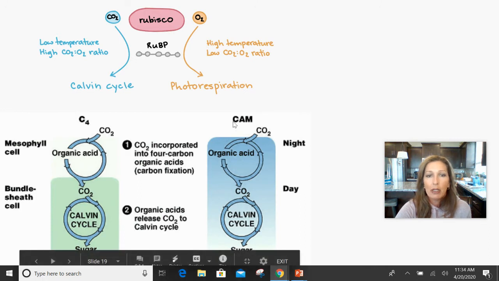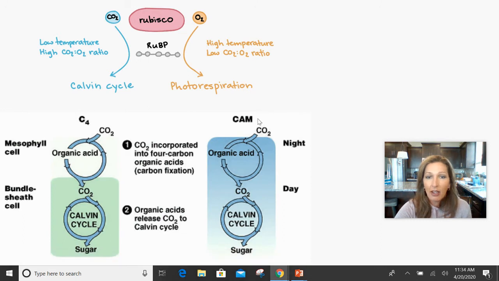When I have CAM, remember in CAM plants, now I just have a change in night and day. Typically in a C3 plant, stomata are open during the daytime when the sun is shining and photosynthesis can happen. Now, in CAM plants, the stomata close in the morning. So stomata are only open at nighttime.